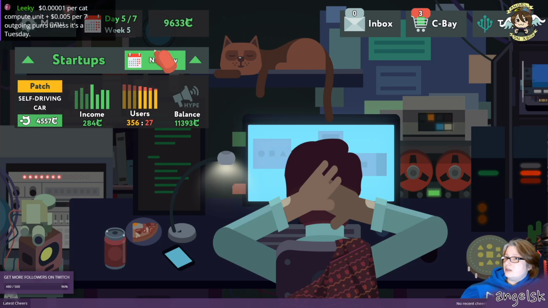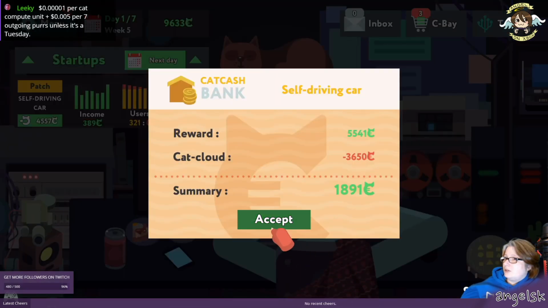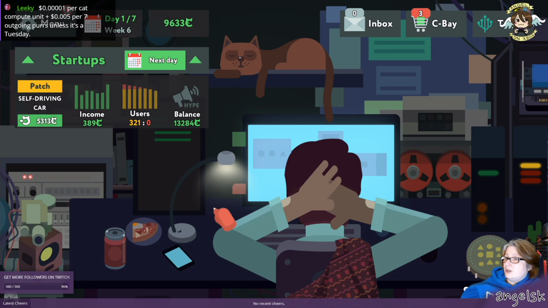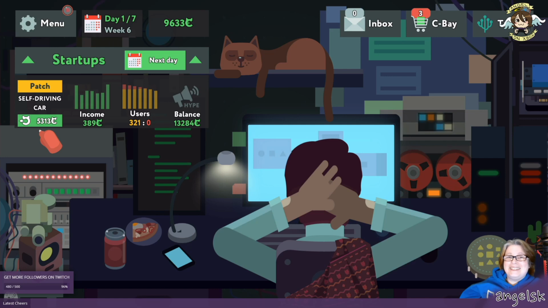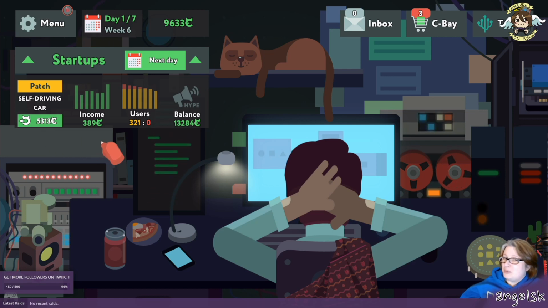Okay, so I'm gonna advance my startup a little. New week, okay. Ooh, excellent. Yes. Oh, but then you got to figure out how to get the bloody files in there. I'm like, Glacier, that's an efficient way of doing it.